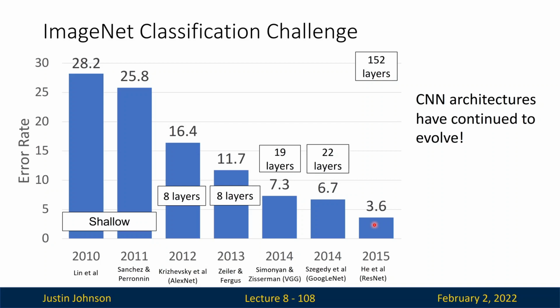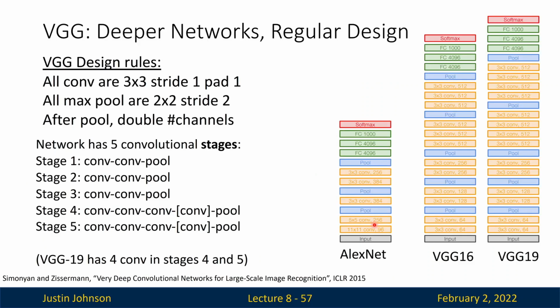Okay, so let's take a look at the VGG architecture. Okay, so this is AlexNet. You can see they have different filter kernels. This is 5 by 5, and this is 3 by 3, and 3 by 3. And in the beginning, there is an 11 by 11 filter kernel.